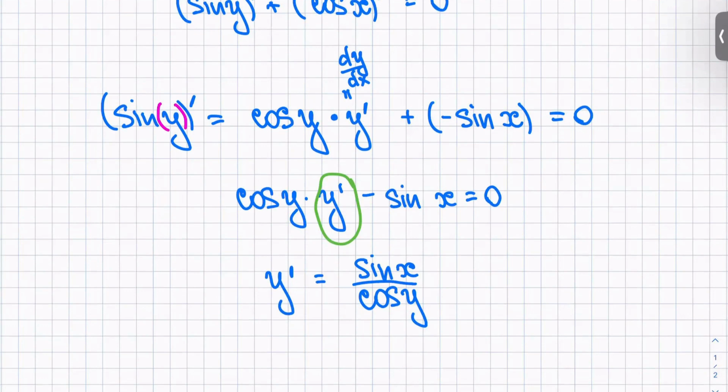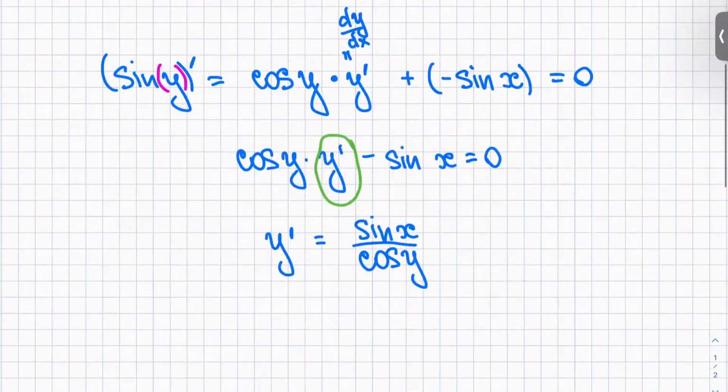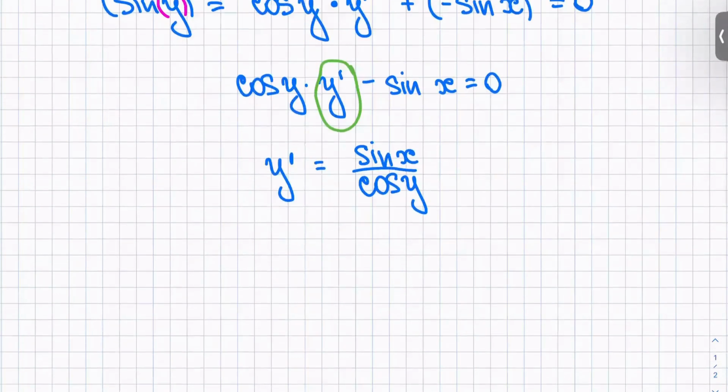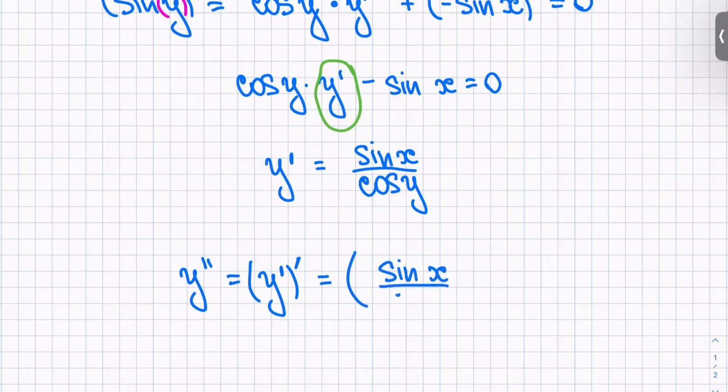Now, dear students, if you want to find the second derivative of this function y, we just have to find the derivative of the first derivative. So how then will it look if you want to find the second derivative? If we want to find the second derivative of the y function, we just have to find the derivative of the first derivative, which means we just use this result that we got and we have to find the derivative of it.